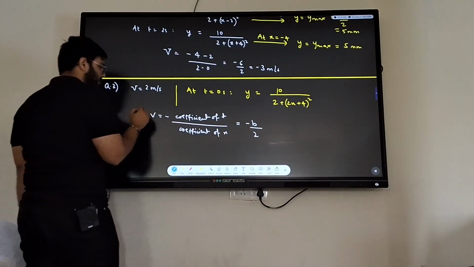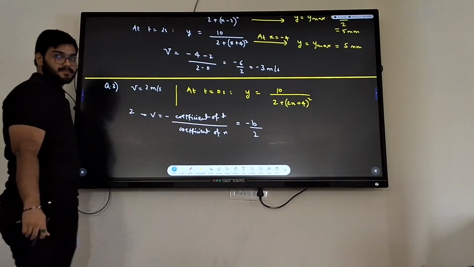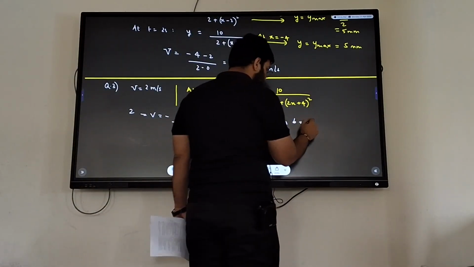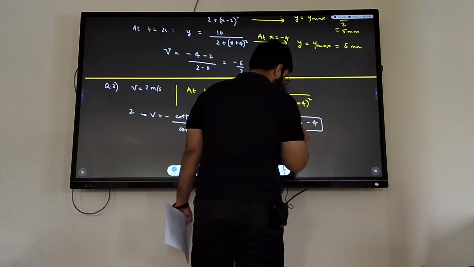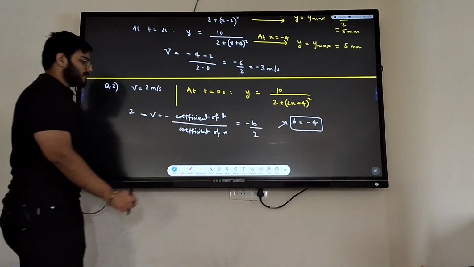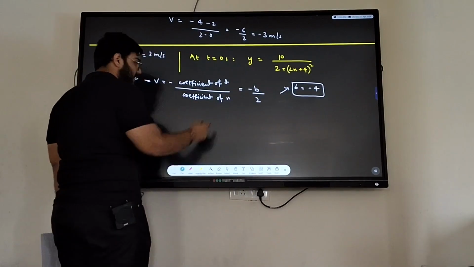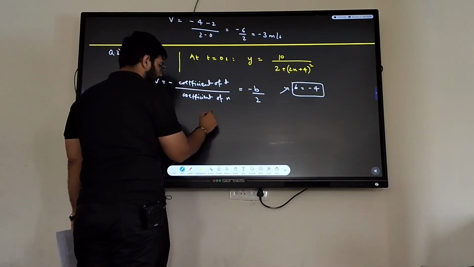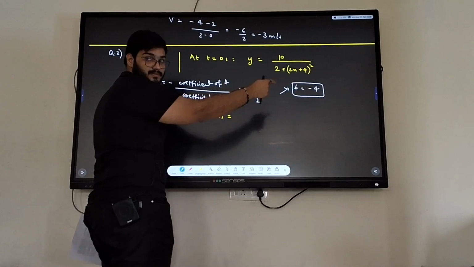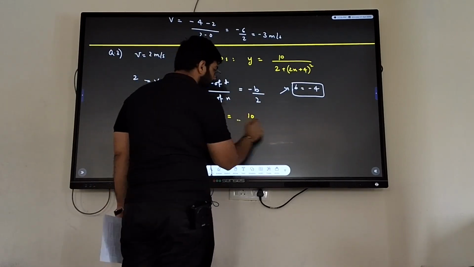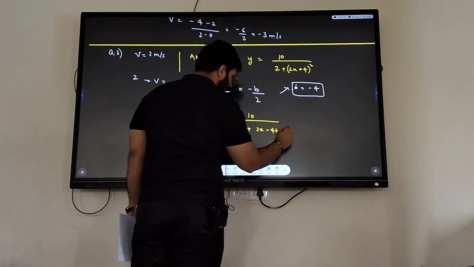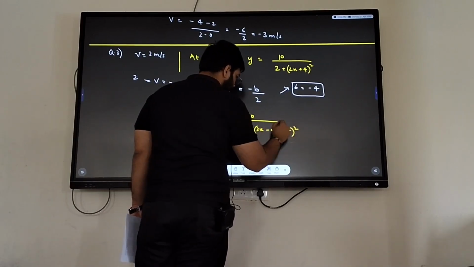That's 2. So what is b? That's minus 4. This is the coefficient of time. Then what will the wave equation look like? This wave function y of x comma t, I just have to write minus 4t inside there. So this will be 10 over 2 plus (2x minus 4t plus 4) whole squared. And I'm done.